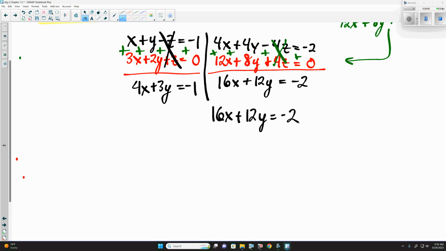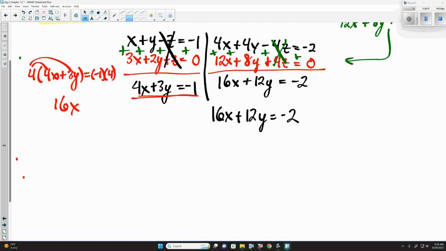Now, what do we need to multiply this equation by to get 4x into 16x? 4. And if we distribute the 4, 4 times 4x is 16x.